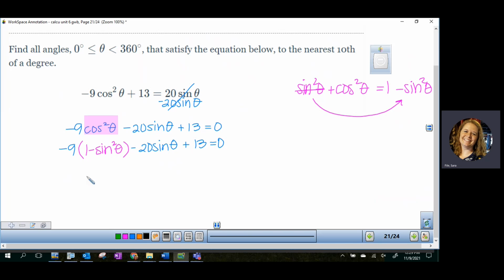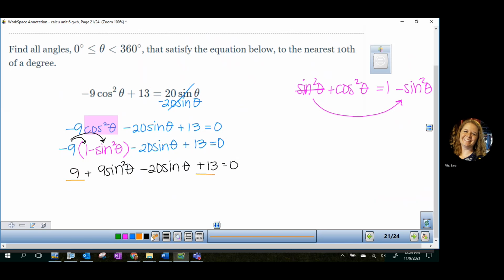Okay, now I have to do some simplifying. I got to get rid of these parentheses. So I'm going to distribute the -9. That would become plus 9 sine squared. And then I'd have minus 20 sine plus 13. Now I can combine like terms. These are not alike. This is sine squared. This is sine. They don't get combined, but the constants can combine.